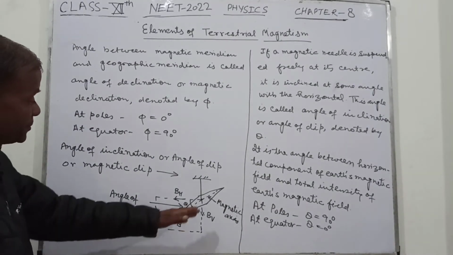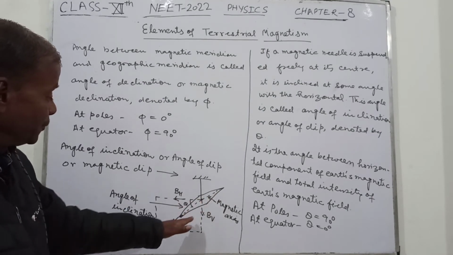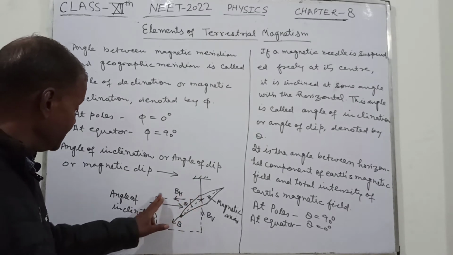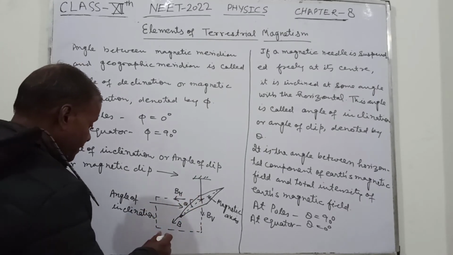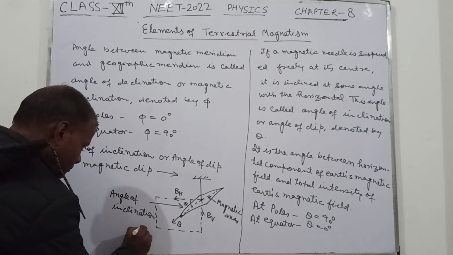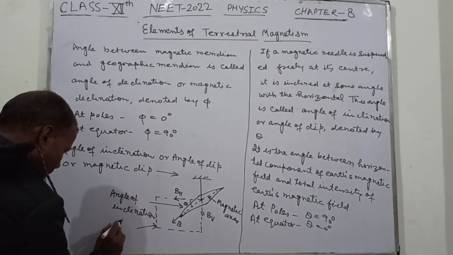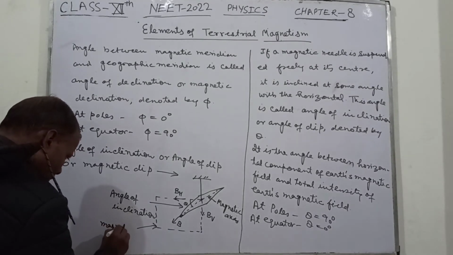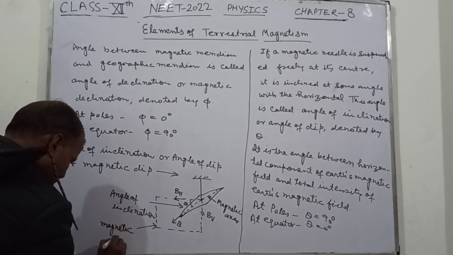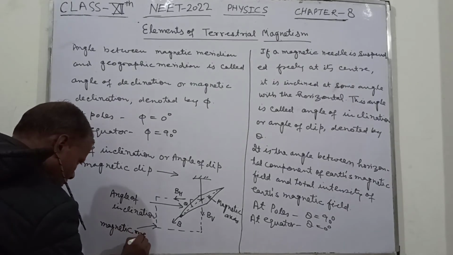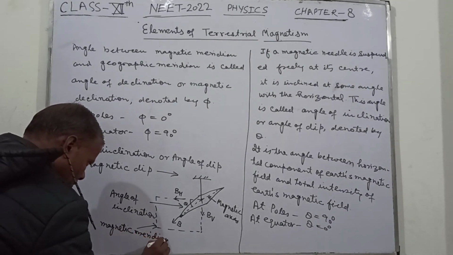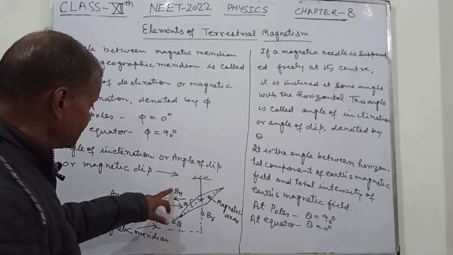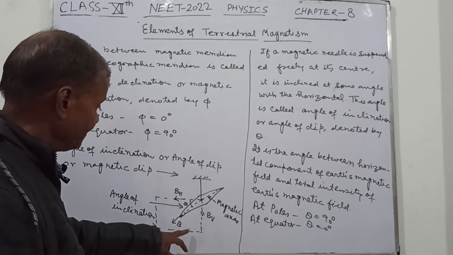When this magnet is suspended, it points towards the total magnetic field of the Earth. If we draw the magnetic meridian, this is our magnetic meridian. The horizontal line of this magnetic meridian indicates the horizontal component of the Earth's magnetic field.